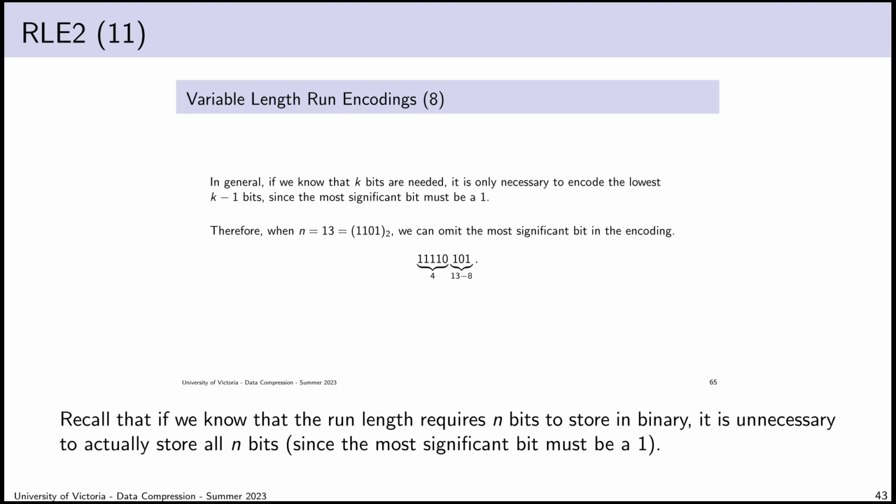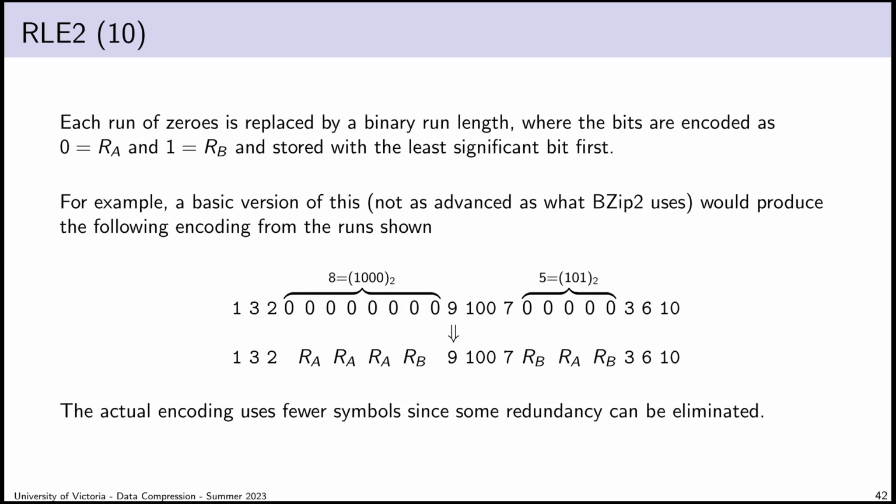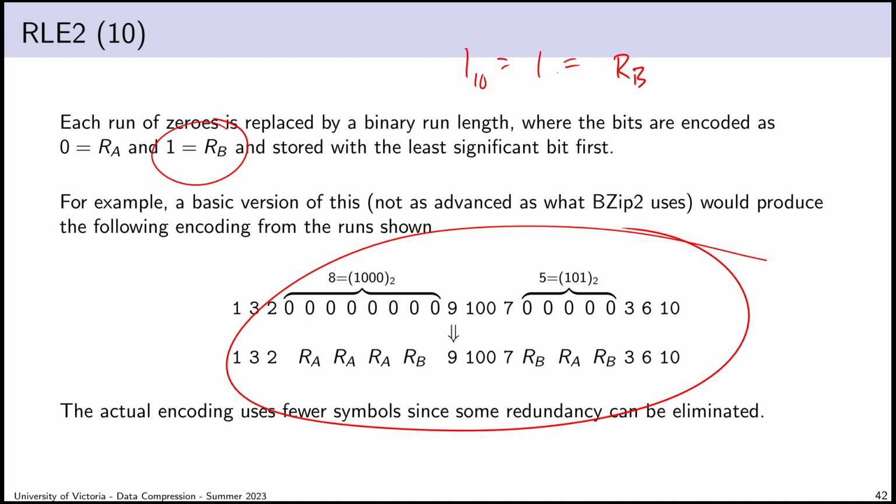I have to be a little bit careful though, because there's one degenerate case that would get in my way: what if I have a run of length 1? By the encoding I was using on the previous slide, a run of length 1 would be the binary value for 1 in base 10, that's 1 in base 2. So I'd encode that as just RB by itself, using this simple representation.